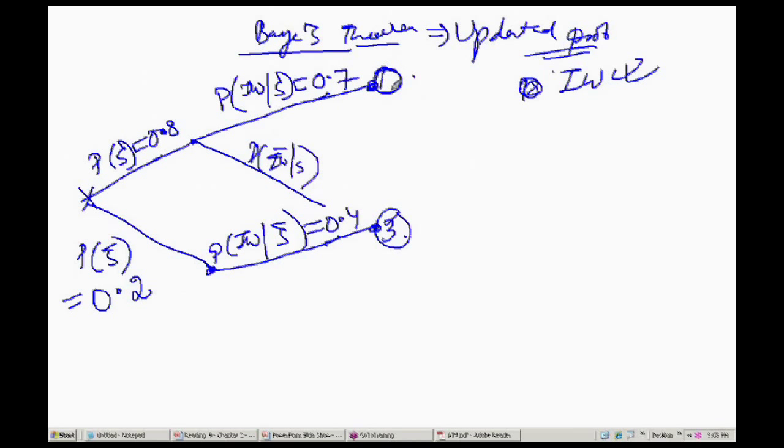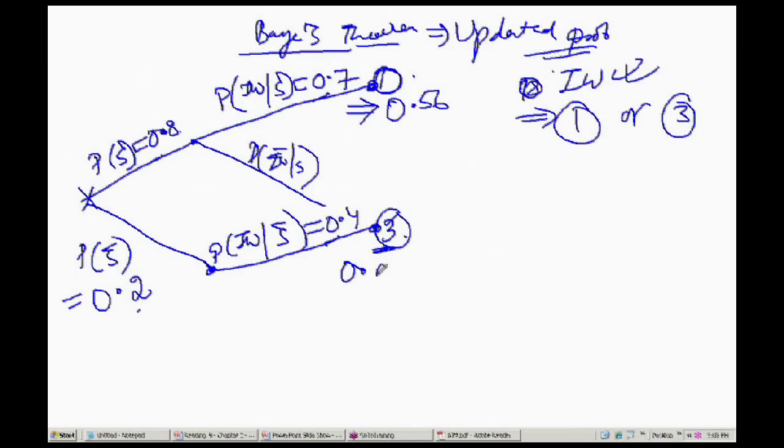The probability of node 1 happening is 0.8 into 0.7, which is 0.56. The probability of node 3 happening is 0.2 into 0.4, which is 0.08.